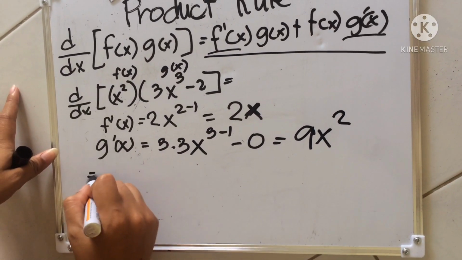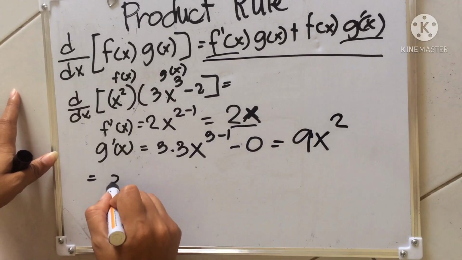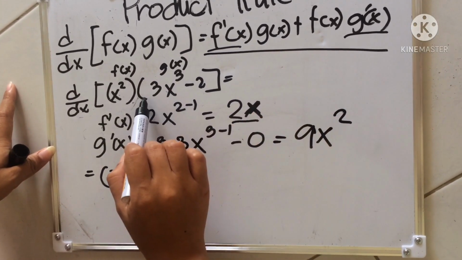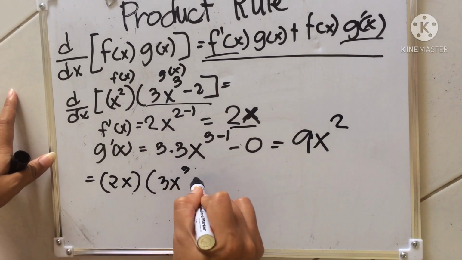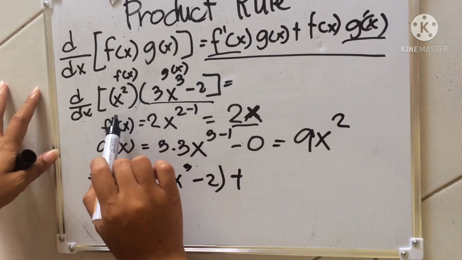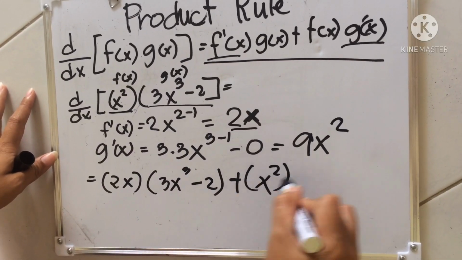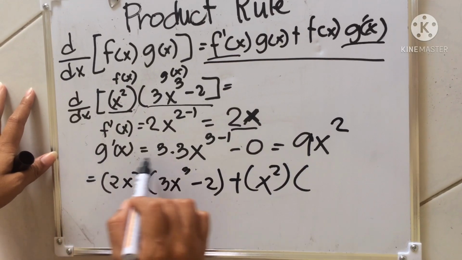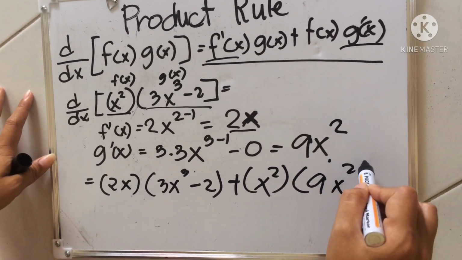So the value of f prime of x is 2x, times g of x, which is 3x cubed minus 2, then plus f of x, which is x squared, times the value of g prime of x, which is 9x squared.